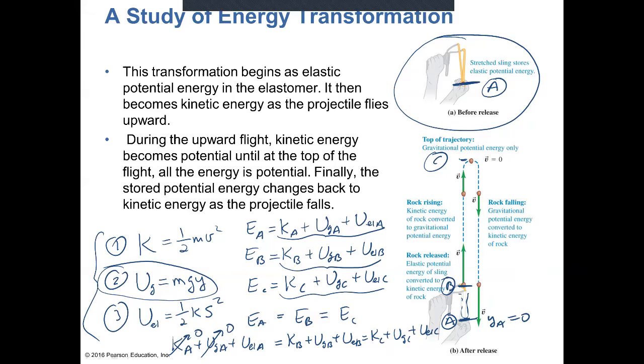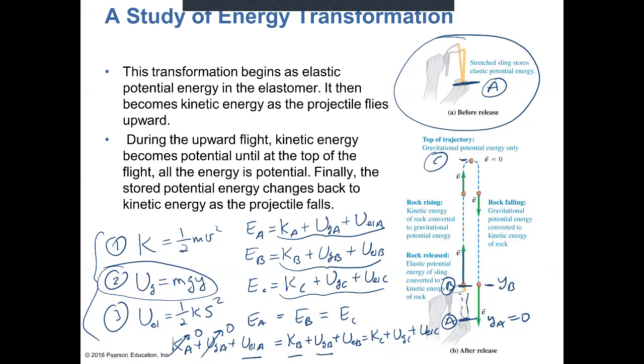Well, that means my energy at point A has no kinetic and no gravitational potential, but obviously since you're changing the shape of the rubber band, the sling has elastic potential energy. And this term here is non-zero, okay? Then when you go to point B, now there is a non-zero vertical position, so gravitational potential energy is non-zero.